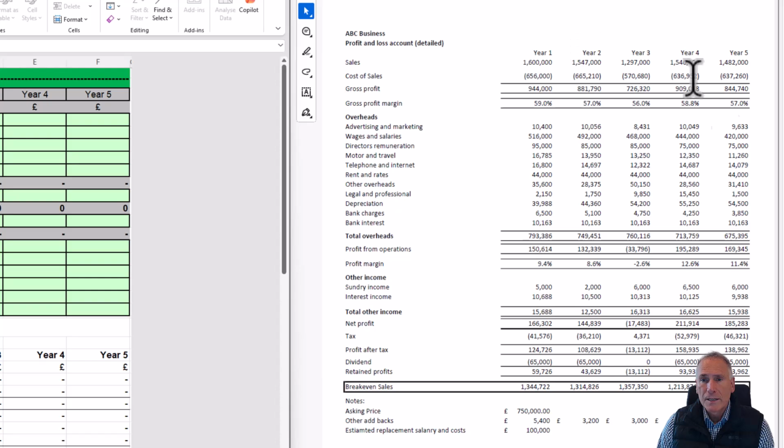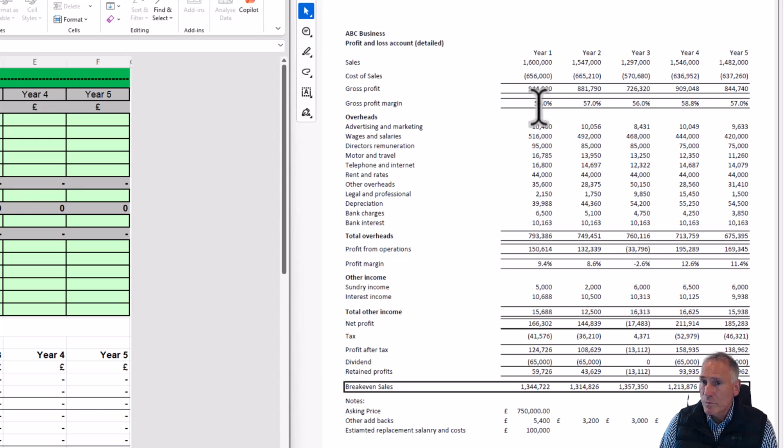Now, to the right of the screen, I've got the years of this particular business, ABC Business, years 1, 2, 3, 4, 5. Now, ordinarily, when you get a set of accounts from a company or from the business owner, you would only have 2 years at a time on any set of accounts.